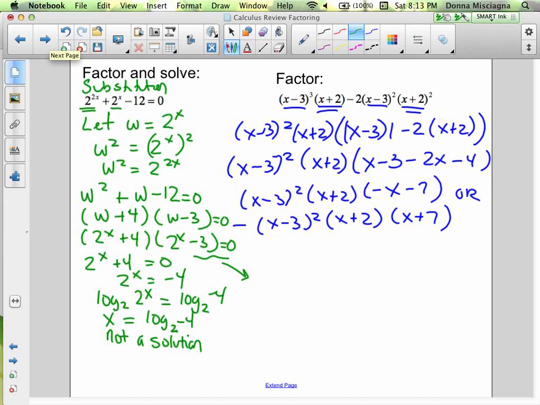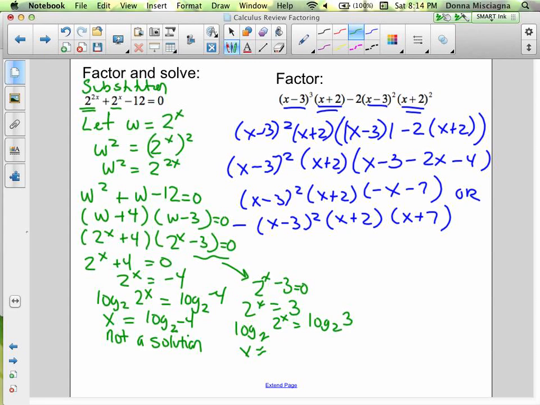Right over here. All right, so we have 2 to the x minus 3 equals 0. So 2 to the x equals 3. Take a log of both sides. Log base 2 of 2 to the x equals log base 2 of 3. All right, this is positive. All right, and this would be x equals.